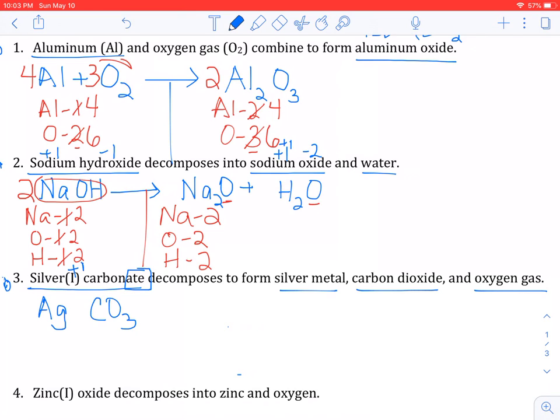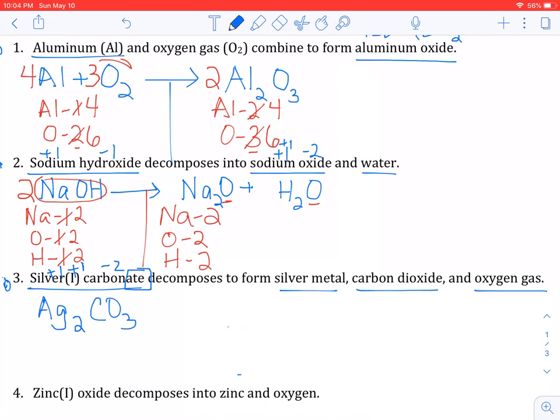And if we look it up, it has a -2 charge. So again, this together doesn't balance out exactly, doesn't equal 0 charge. I would need another silver ion to make that happen. That would give me +1 +1 -2 to make a compound with 0 charge.